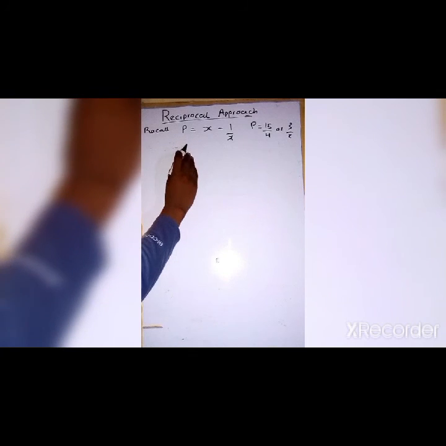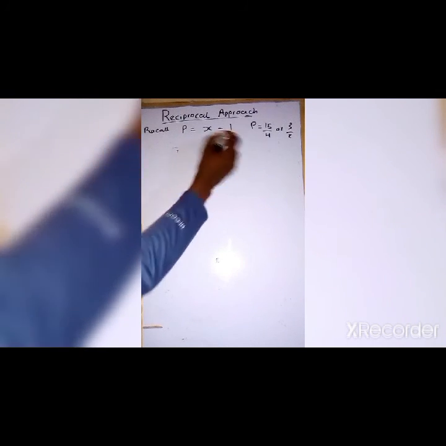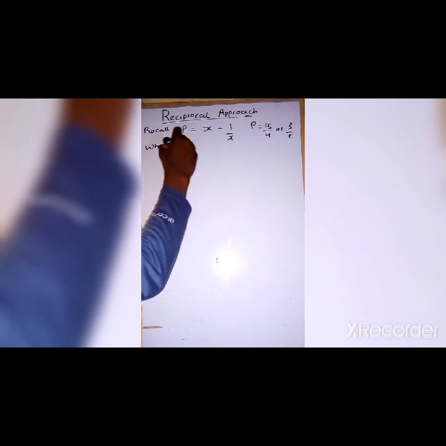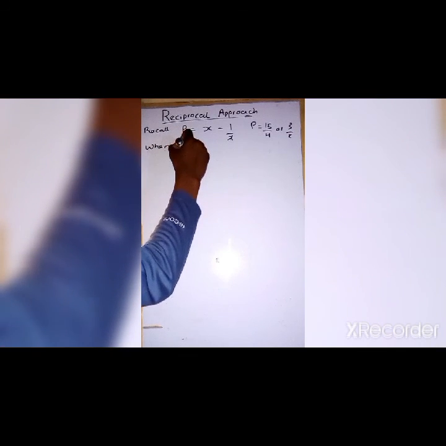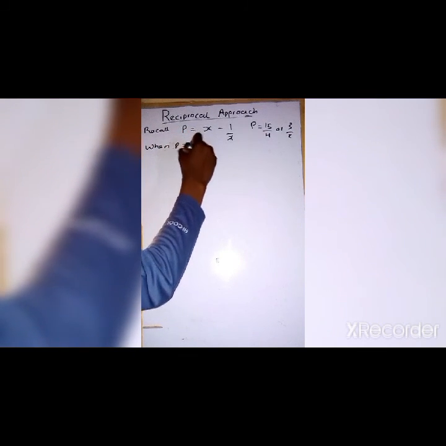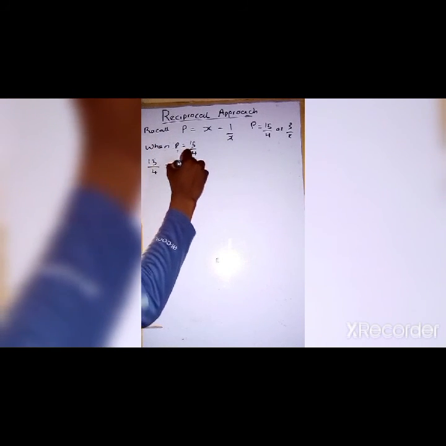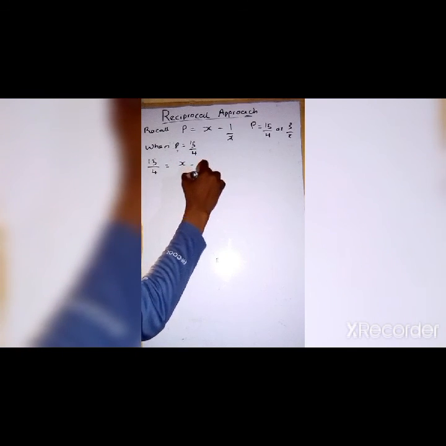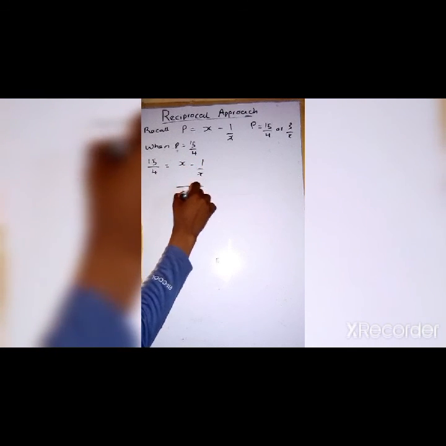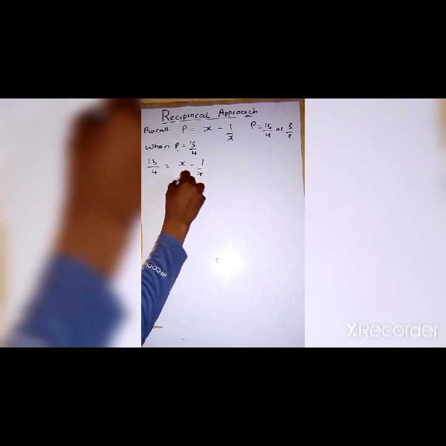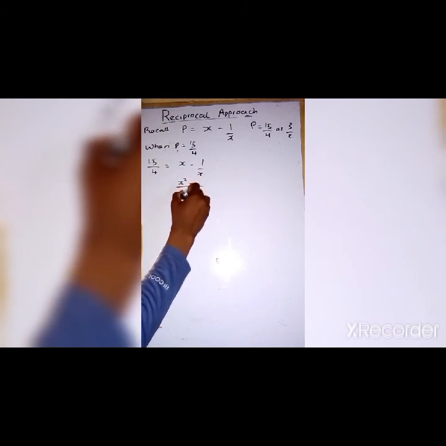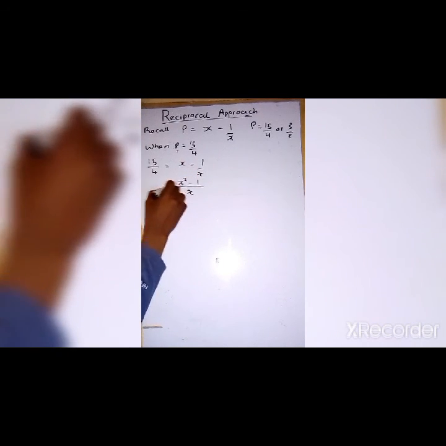When p is equal to 15 over 4, we can say 15 over 4 equals x minus 1 over x, and this one is x squared minus 1 over x equals 15 over 4.